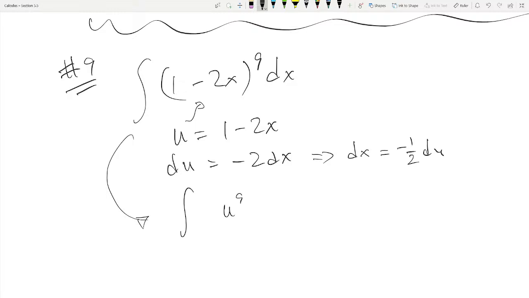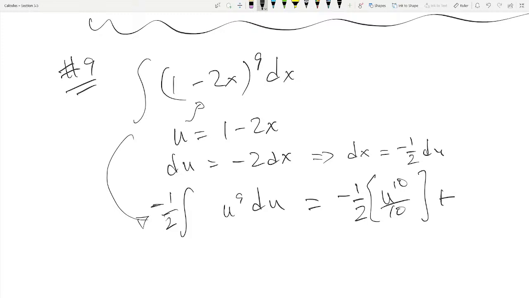Again, you don't have to write that out. I'm writing it out for you, but you can just do that in your head. And so it's going to be negative 1/2 u to the 9th du. All right, I'm ready to go. It's negative 1/2, and then the antiderivative of this is u to the 10th over 10, plus a constant.